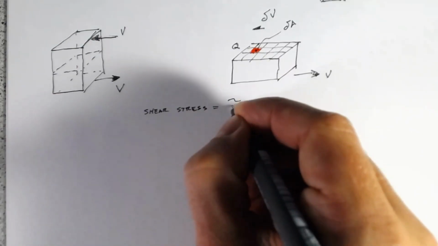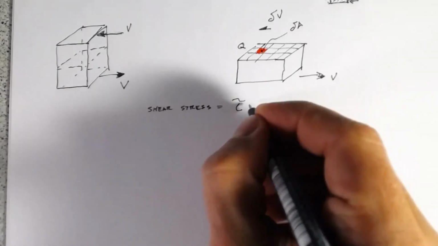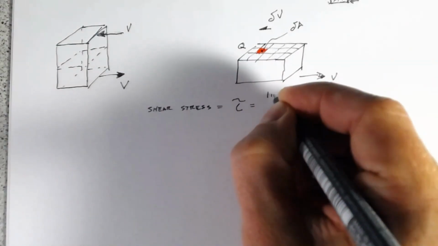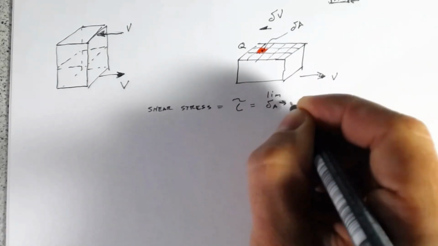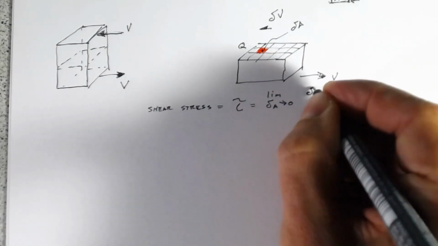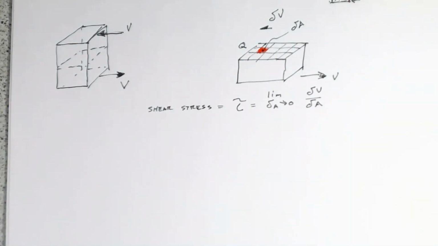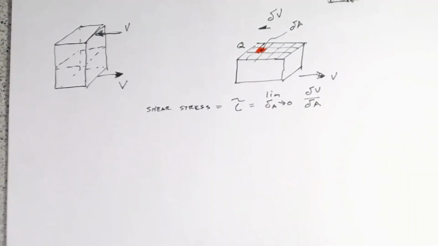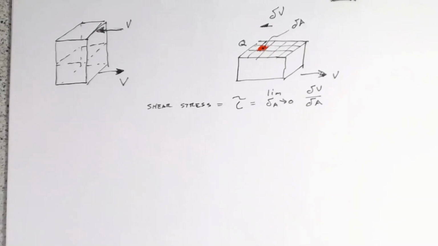We give shear stress the Greek letter tau, and that's going to equal the limit as delta A goes to 0 of delta V over delta A. This is the shear stress at a point, and if we want to find the shear stress over the surface, we can use calculus and integrate over that surface.